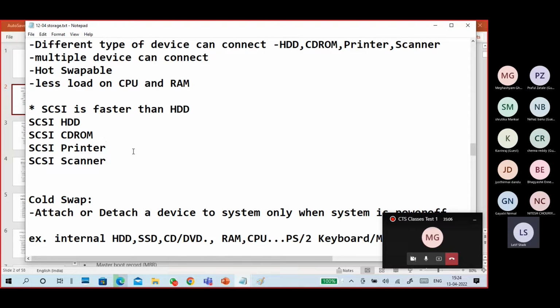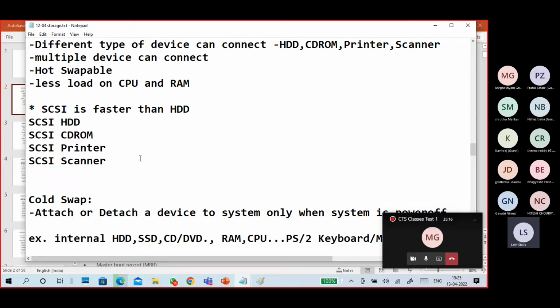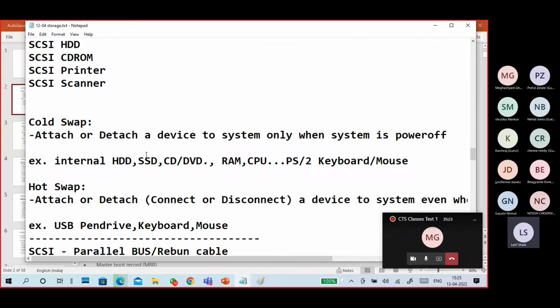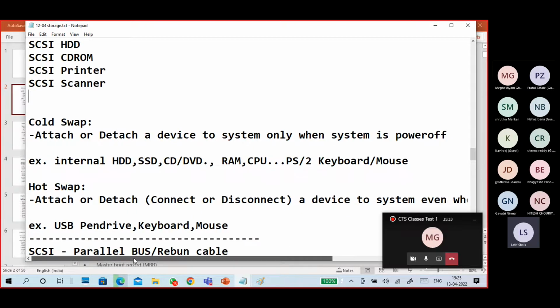It is faster than a normal SSD, of course. Large, big hard disks are also available in SCSI. Different devices like a SCSI hard disk, SCSI CD-ROM, SCSI printer and SCSI scanners are there. SCSI is hot swappable, meaning we can connect or disconnect devices while the system is running.